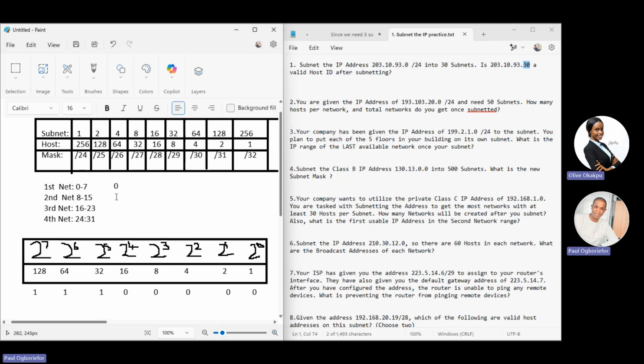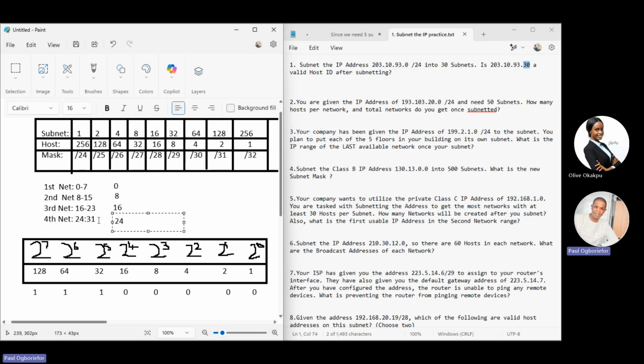So what will be the host ID of the third network? 16. And of course, the next network, 24.